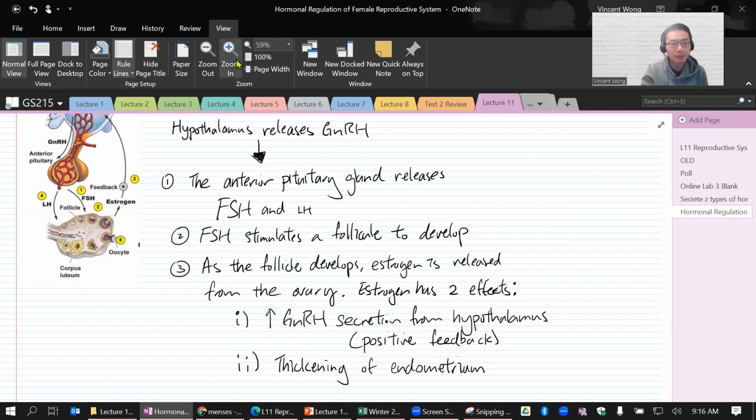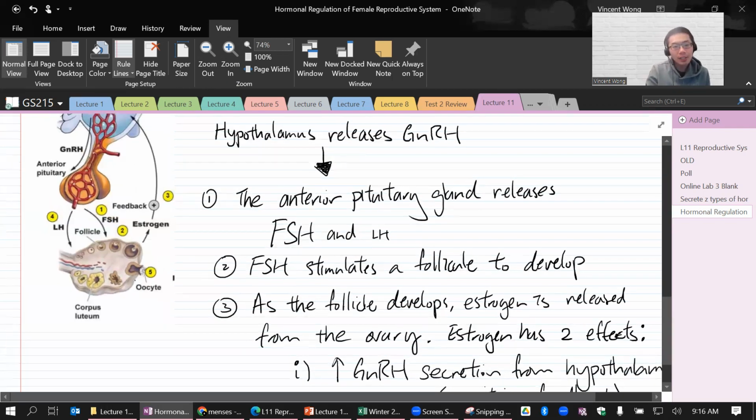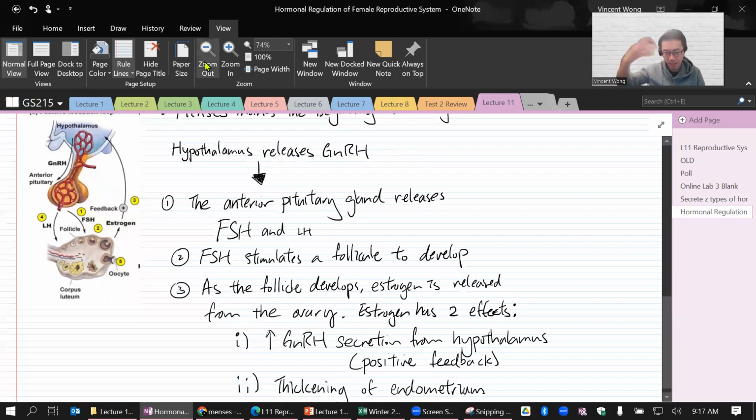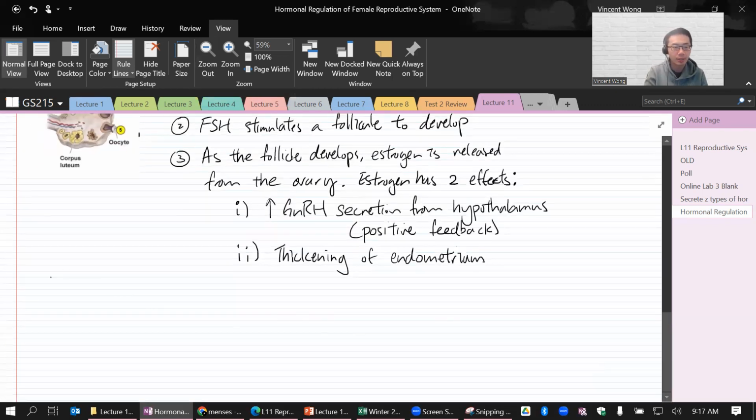Okay, so what's going on in number 4? After the estrogen goes back to the hypothalamus and then you release more GnRH, right? So then what happens? Well, it's basically the same thing. The anterior pituitary gland will release FSH and LH, but this time, like the second round, LH is the one that is going to be playing a key role here. Okay, so number 5, right?